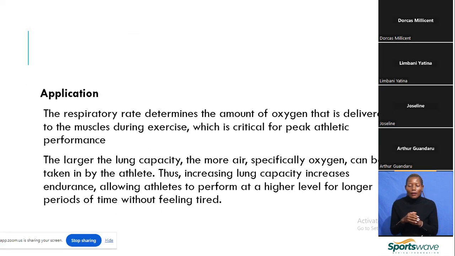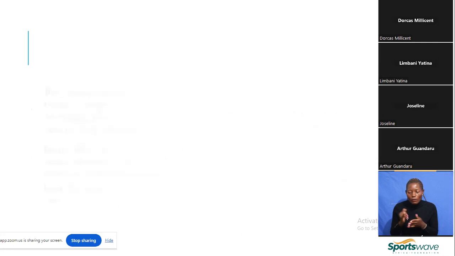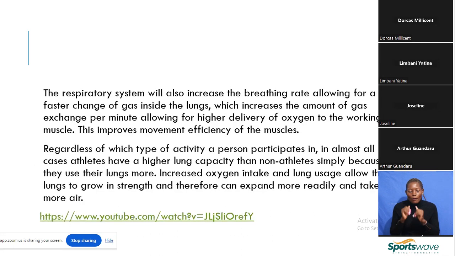Again, respiratory rate usually determines the amount of oxygen that is delivered to the muscles during exercise, and that is critical. The larger the lung capacity is, the more air, specifically oxygen, can be taken in. And this lung capacity can be increased through training. So again, that is an adaptation that is important.